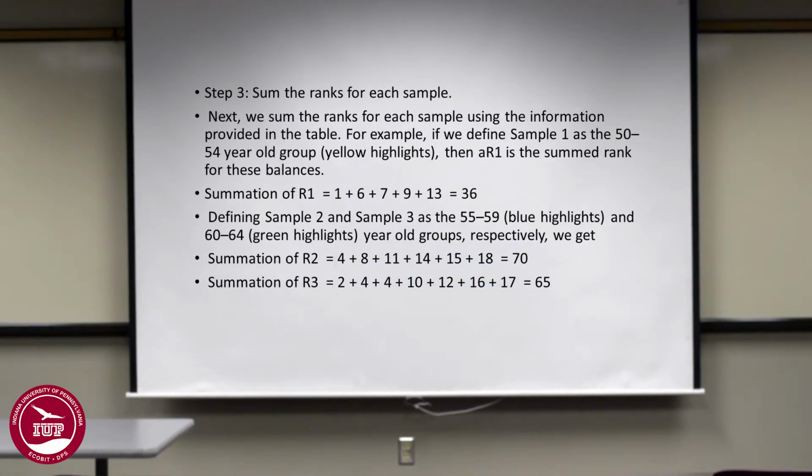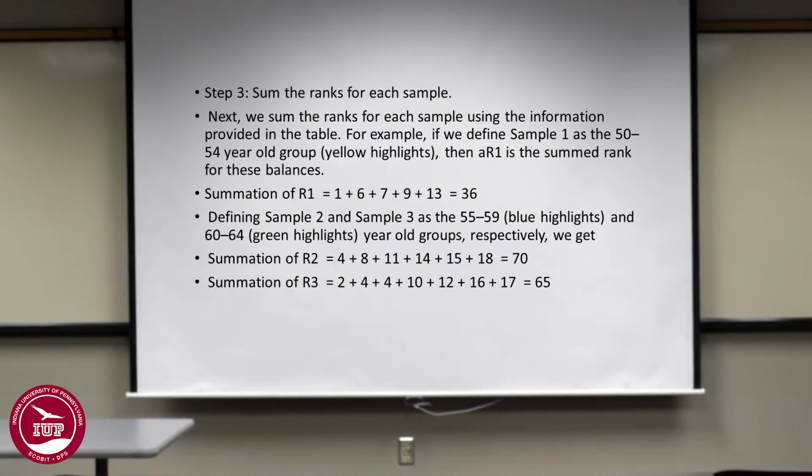Step 3. Sum the ranks for each sample. Next, we sum the ranks for each sample using the information provided in the table. For example, if we define sample 1 as the 50 to 54-year-old group, or yellow highlights, then R1 is the sum of the ranks for these balances.